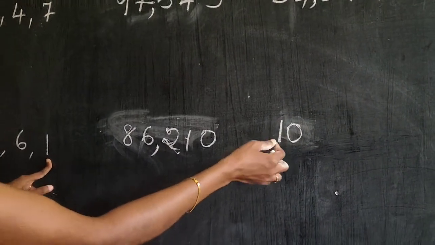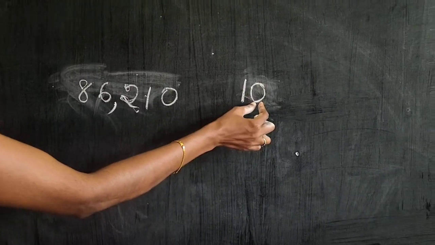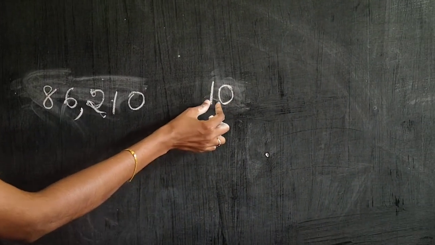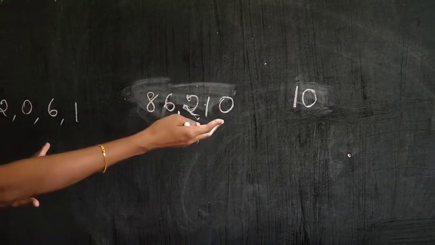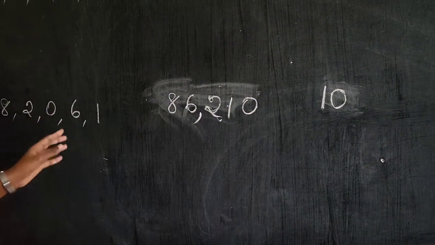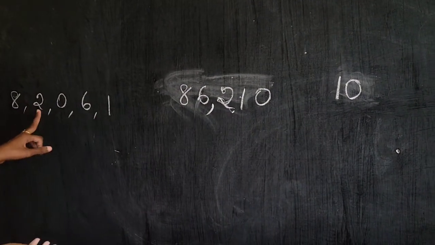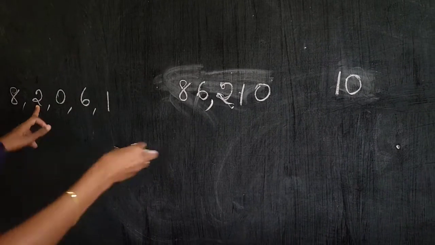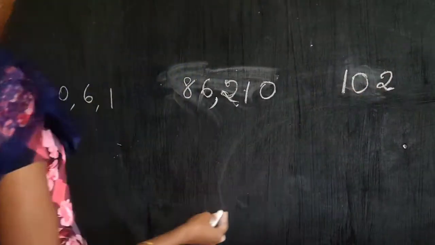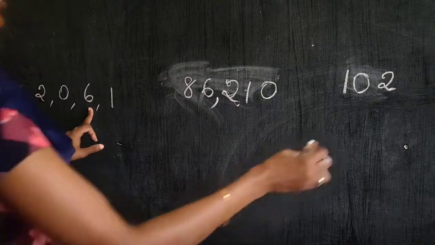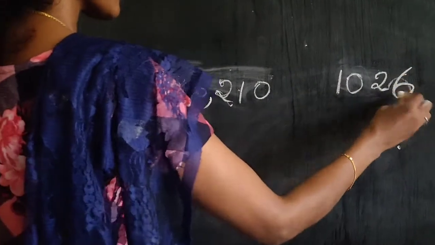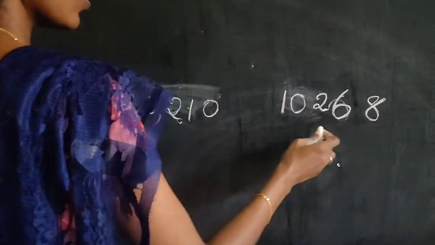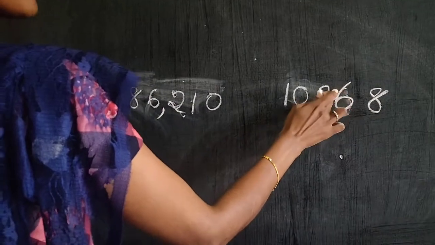After 1 the bigger number is 2, then after 2 the bigger number is 6, then after 6 the bigger number is 8.